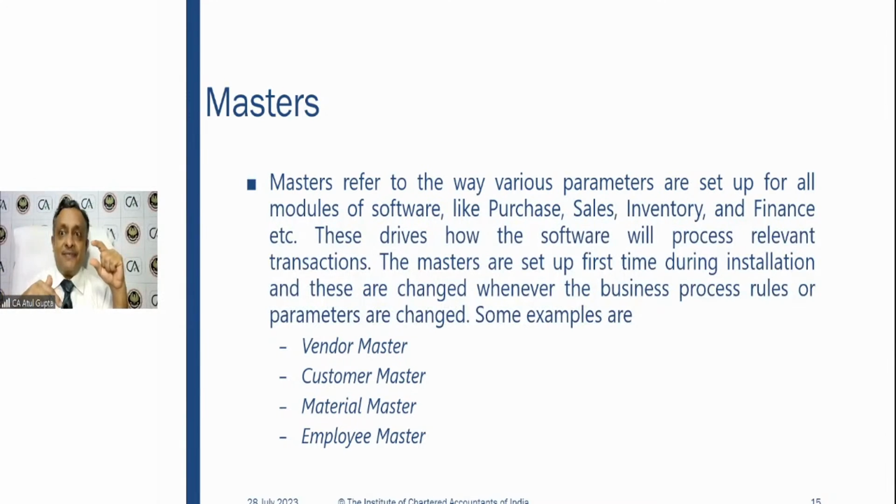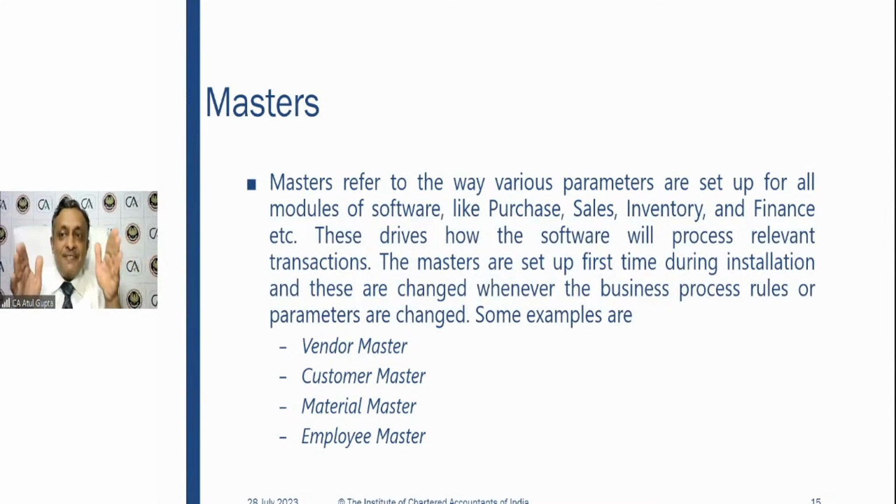Same way, vendor masters. When I talk of vendor masters, my types of vendors have been selected. What credit period I'll take from my vendors, that is part of it. Then I want you to tell me material master. Material master in configuration is the nature of the type of materials. I want you to tell me at least one or two items that you are going to define in material master. We have talked about it in detail.